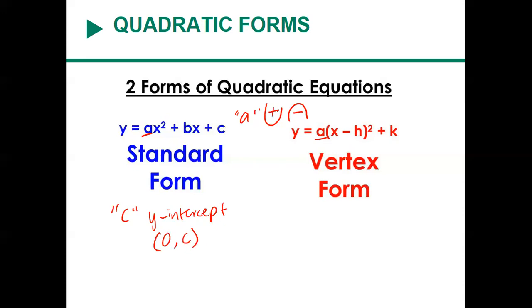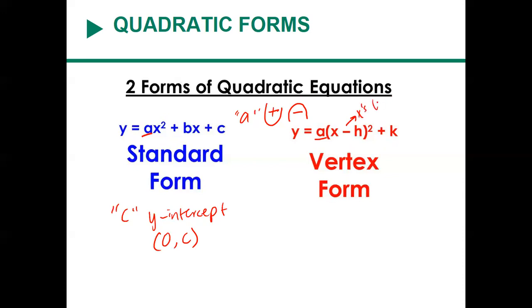In standard form, a is just telling you whether you have positive or negative, and b doesn't have a real role right now. In vertex form, a is still doing the same thing, but you now have h and k, and h and k are going to be your vertex. One thing you've got to remember here is that x is a liar.